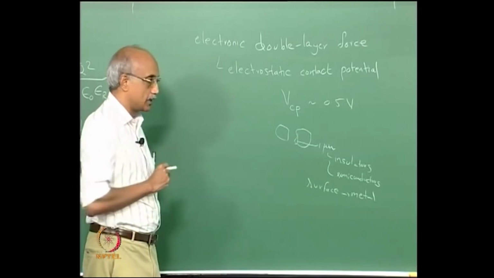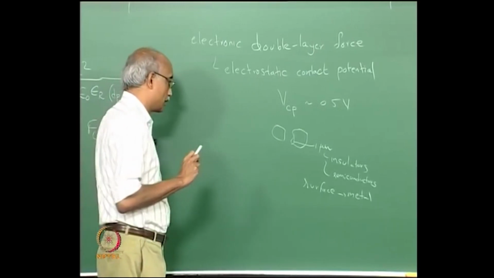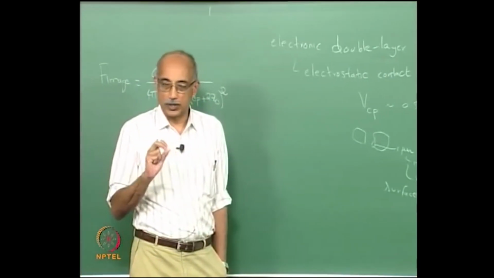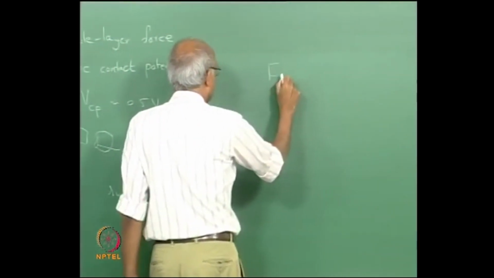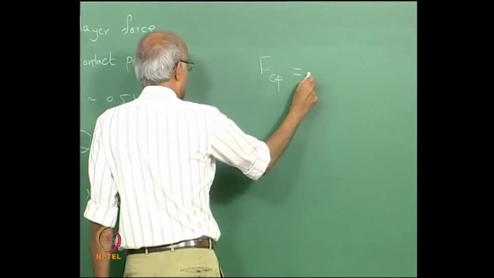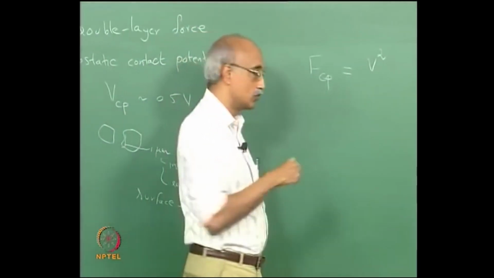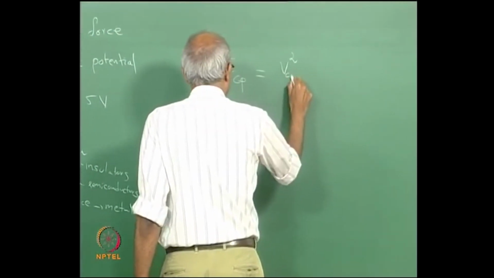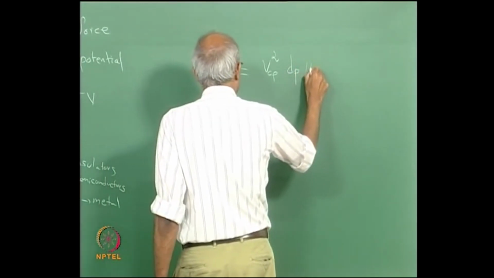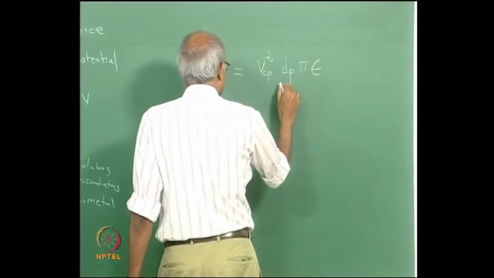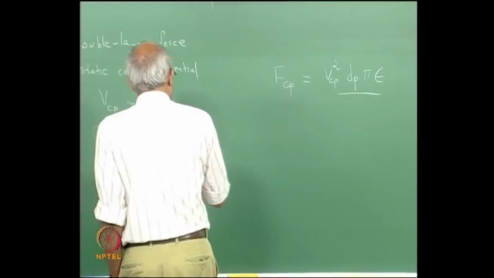So, this electrostatic contact potential is again an important force that can either attract or repel particle pairs or particle to surface pairs, and the force in this case, F contact potential, is proportional to the square of the voltage or the potential that is set up, times dP, times there is also a pi and epsilon, and the distance plays a role.